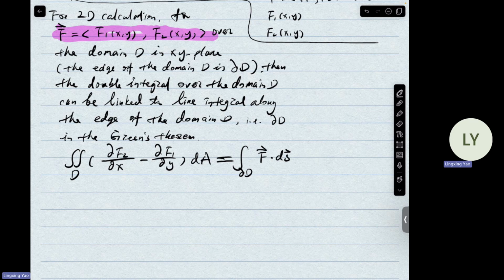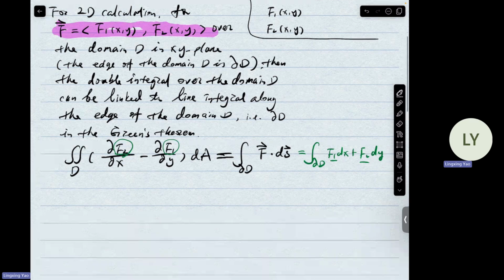Remember for this line integral, we could also write this as F1 dx plus F2 dy, and here this F1 and F2 are just the F1 and F2 in the left-hand side of this Green theorem.